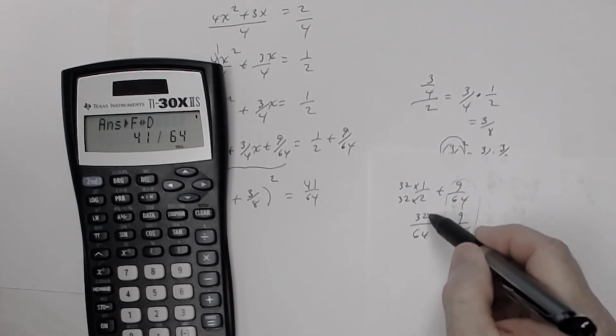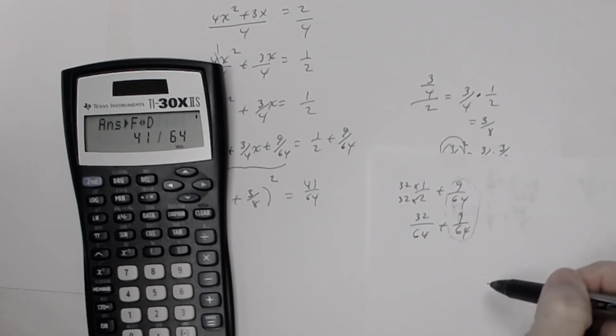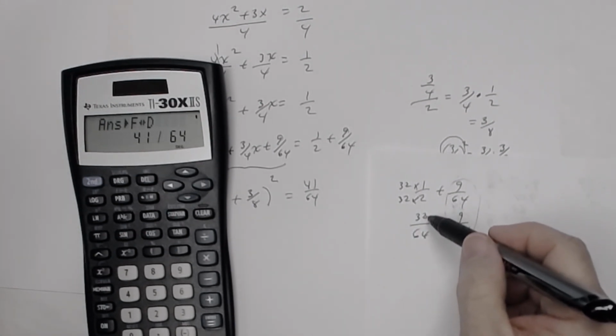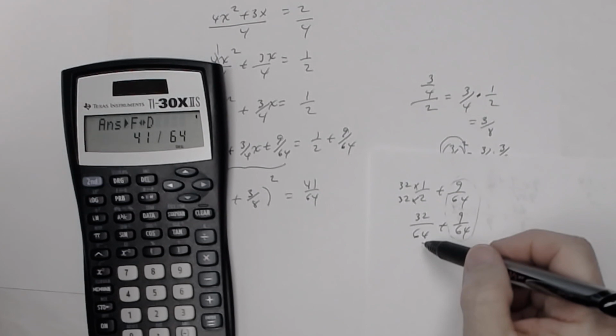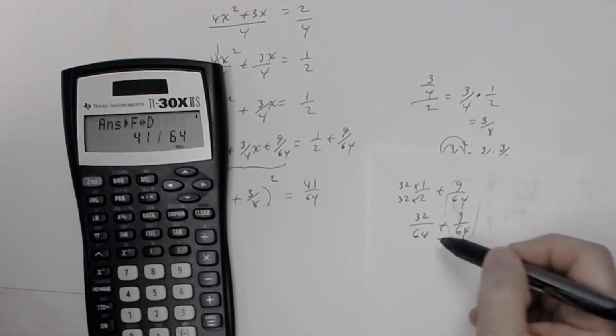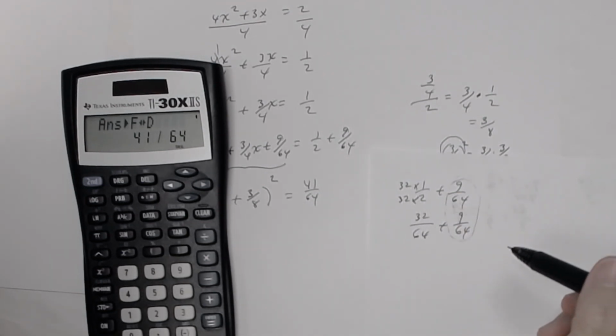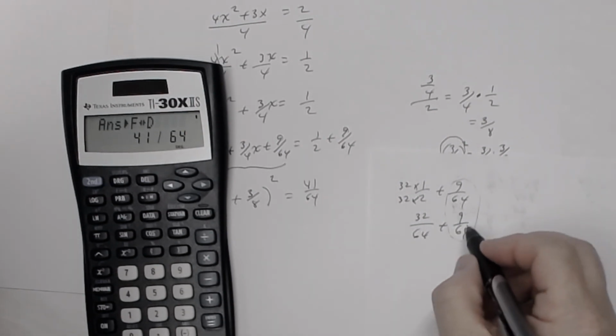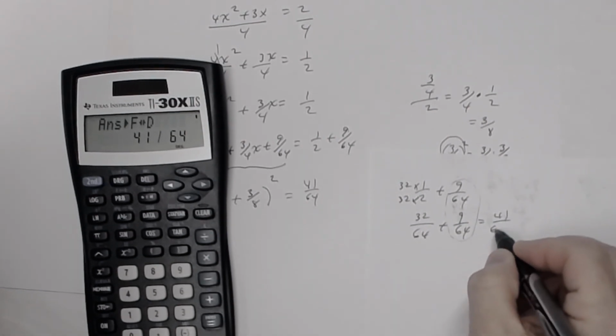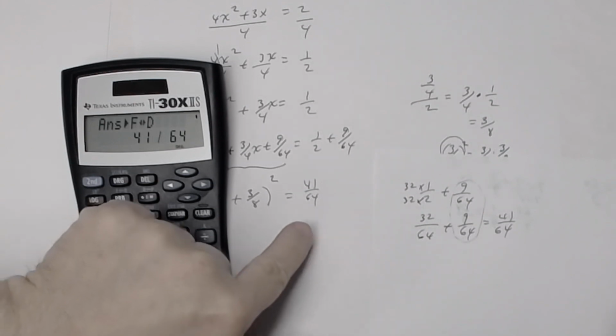So 1/2 is equivalent to 32 over 64, which makes sense because 32 and 64 have a common factor of 32. So that's 1, that's 2. They're equivalent. And so 32 plus 9 is 41, and so I get 41/64. And that's what you see here.